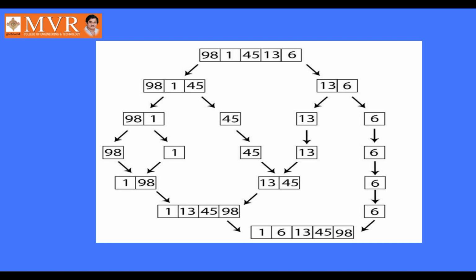Like that you will have unequal partitions or unequal sublists also. Okay. Whatever the problem may be, you have to perform the merge sort technique, that is divide the elements, then conquer, that is sort the elements, and then combine or merge the elements. Okay.